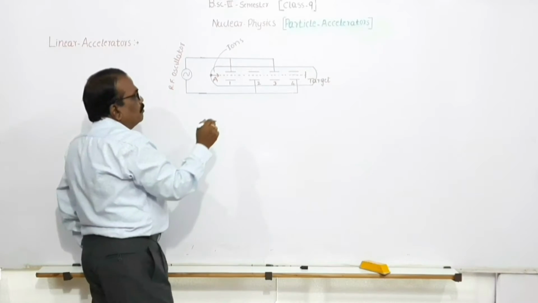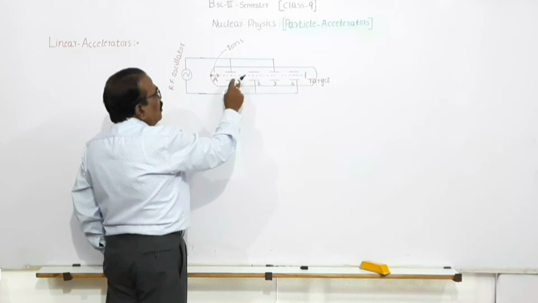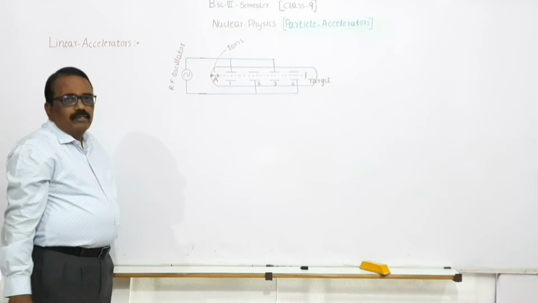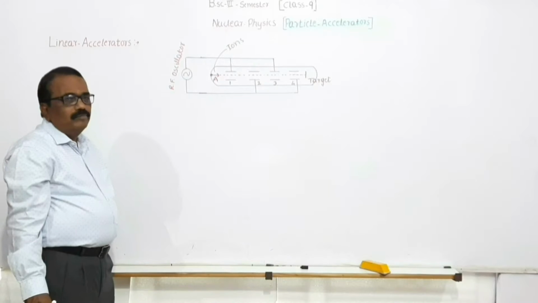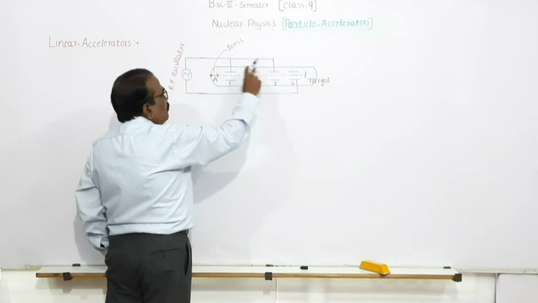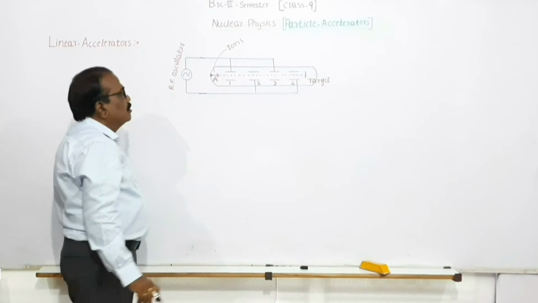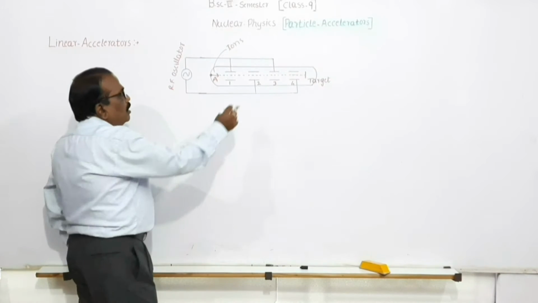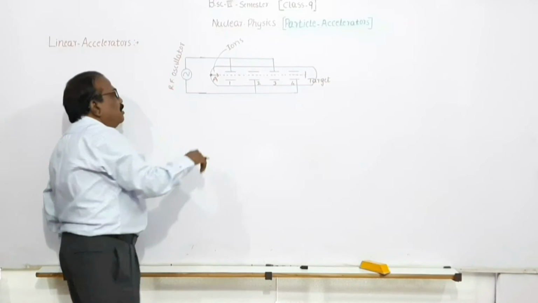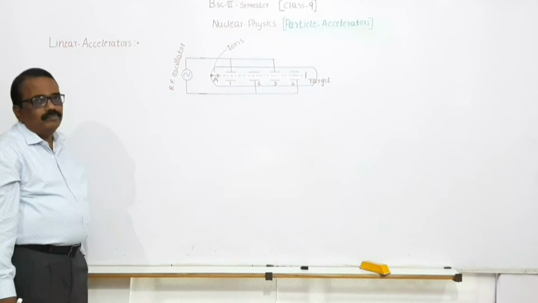So the instrument is provided with 1, 2, 3, 4 cylinders. They are coaxial and enclosed in an evacuated chamber, and these electrodes are connected to radio frequency oscillators.